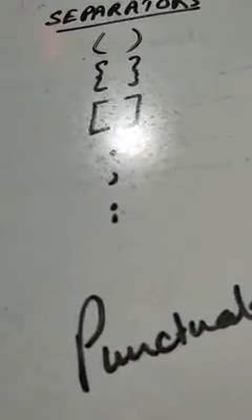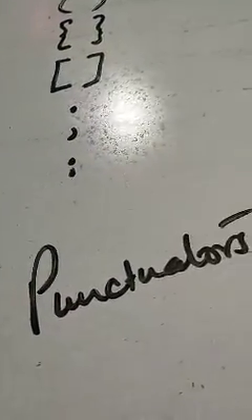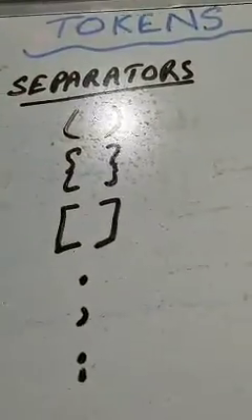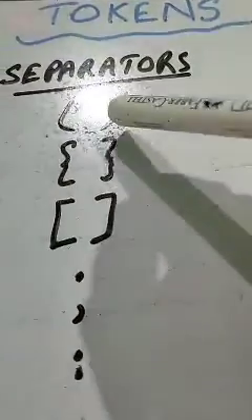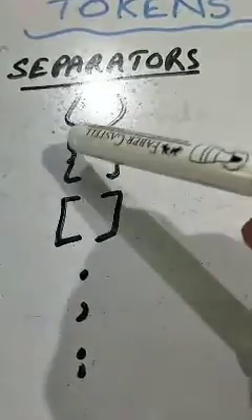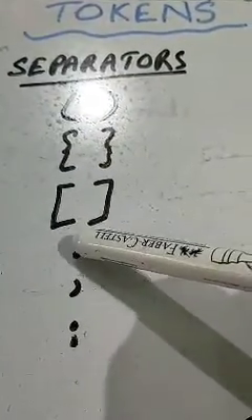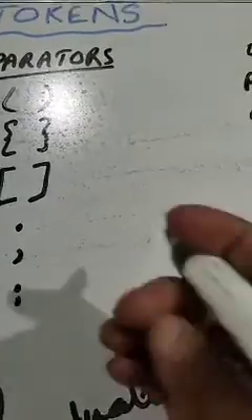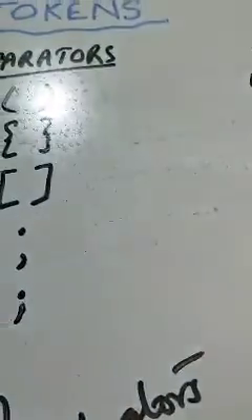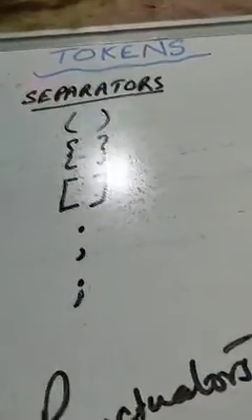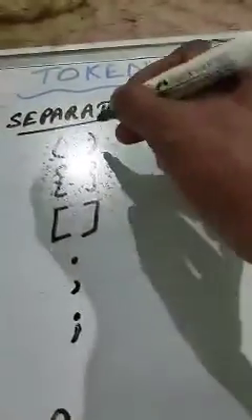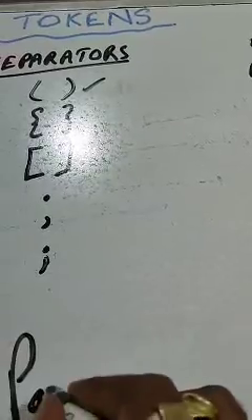There are 9 separators in Java. Please remember, there are 9 separators. Now you can see them. 3 of them are in pairs: 1, 2, 3, 4, 5, 6, 7, 8 and 9. The first one is called parenthesis.